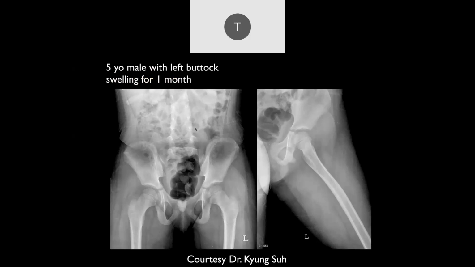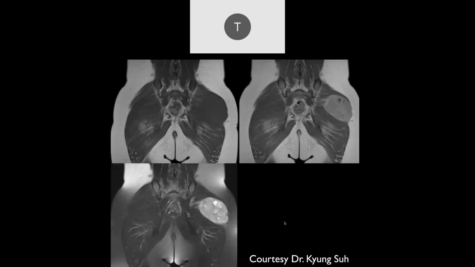Okay. All right, 5-year-old male with left buttock swelling for 1 month. It's in the left buttock region. There might be some increased fullness of the soft tissue on that more coned-in view.